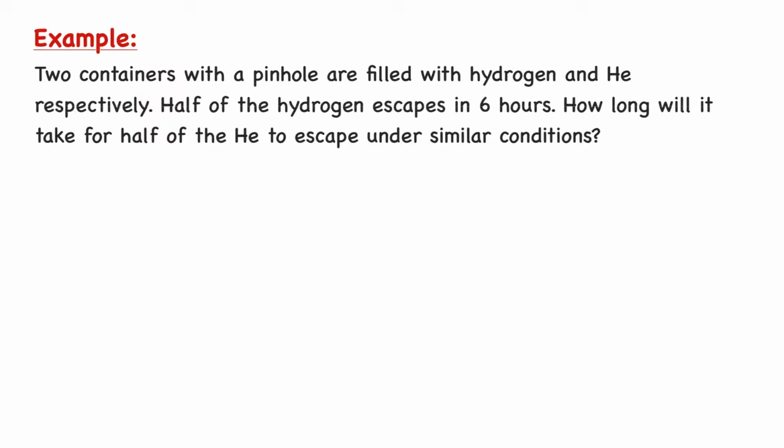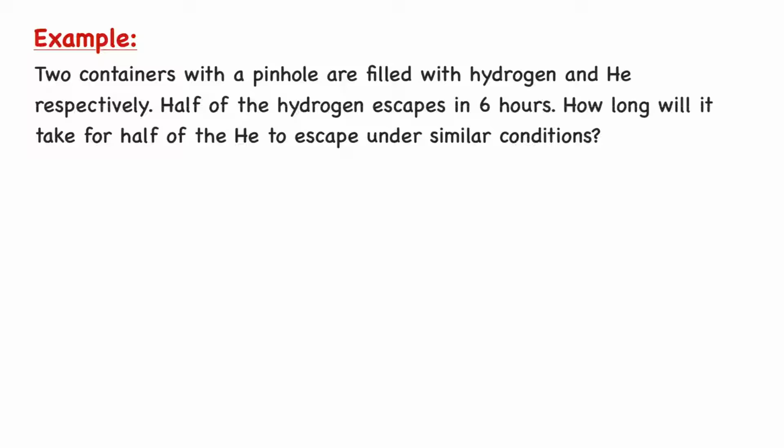Let us do an example problem. Two containers with a pinhole are filled with hydrogen gas and helium gas respectively. Half of the hydrogen escapes in 6 hours. How long will it take for half of the helium to escape under similar conditions?